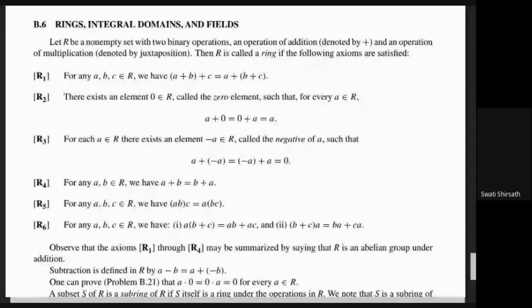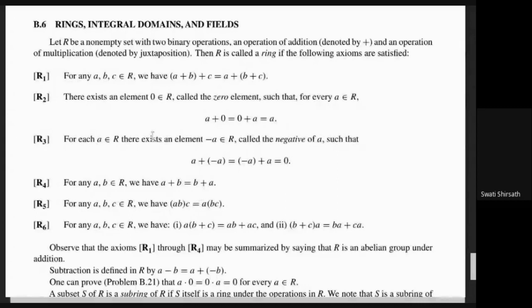So in case you get any of these terms in rings, integral domains and fields, you should know that the additive inverse is nothing but minus a, meaning you have to check inverses of the operation addition, and multiplicative inverses means you have to check inverses of the operation multiplication. So for rings, they are not expecting multiplicative inverses, nor the identity element for multiplication, that is 1, nor the commutative property for multiplication. They are just looking for this property.